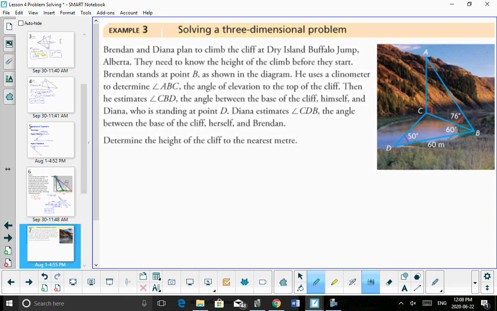Just how we read that, angle ABC means it goes from A to B to C. Brendan's right here, so he measures that angle to be 76 degrees. I don't know if you can see on your notes, but this side here is a right angle triangle. He estimates angle CBD to be about 60 degrees.